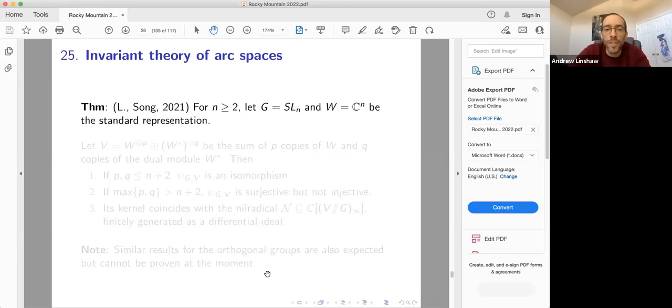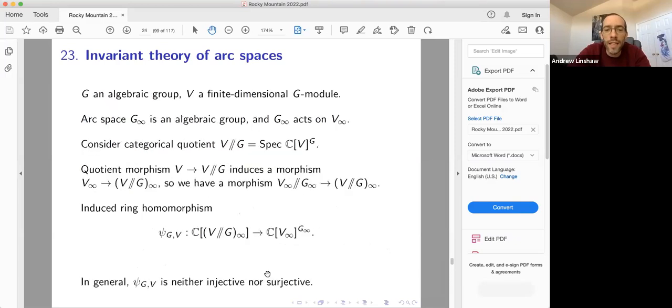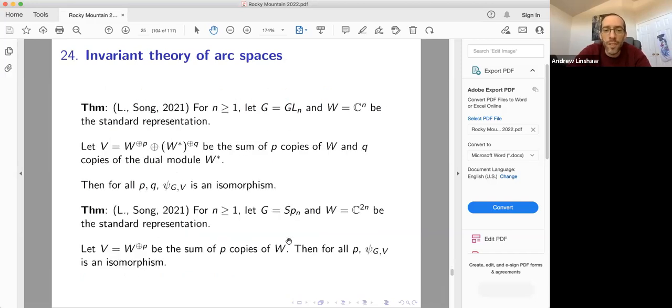So in this setting, if I take the Sp_n infinity invariants in here, it says that the relations are all generated by derivatives of classical Pfaffians. So again, it gives a description of this arc space invariant.